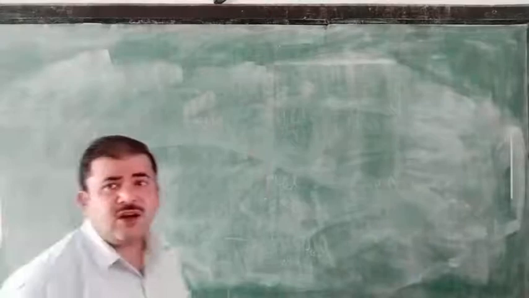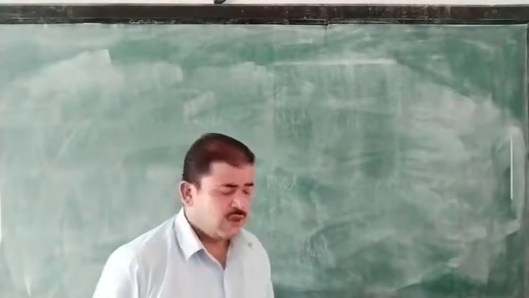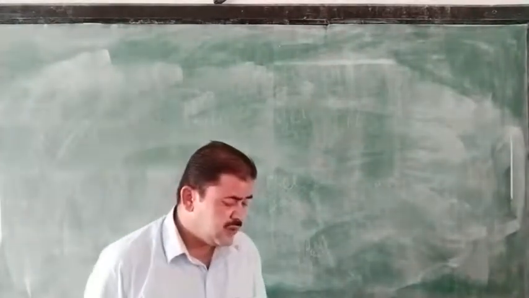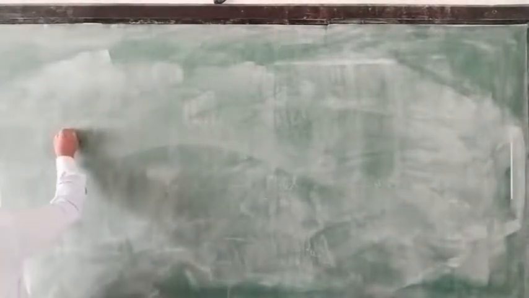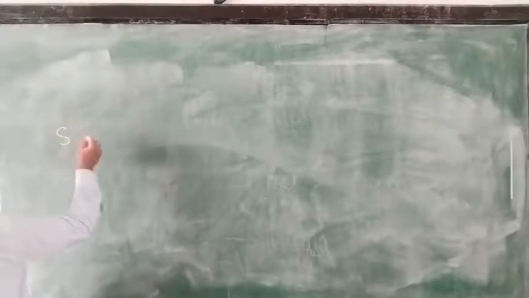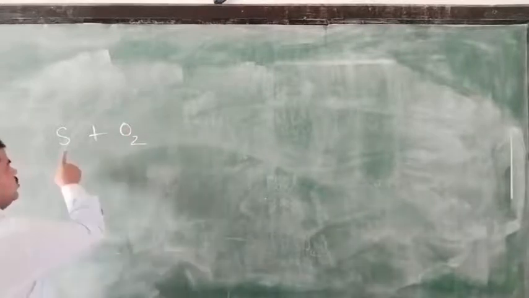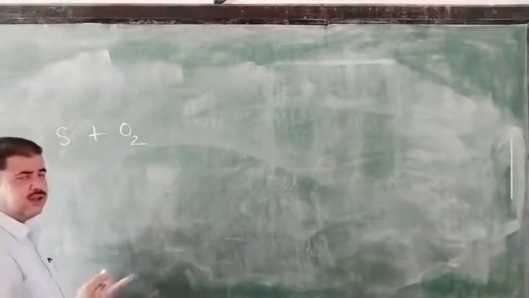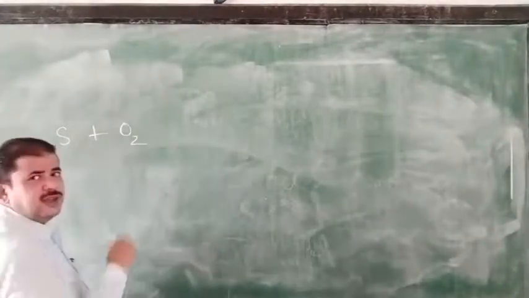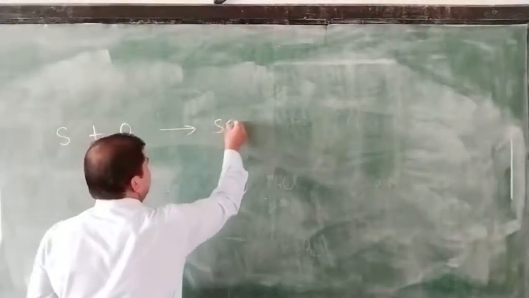Neutral gas means oxygen gas, nitrogen gas, hydrogen gas. So these are neutral gases. Yellow non-metal means we will take sulfur. Sulfur, we know, is a non-metal and its color is yellow. It reacts with oxygen, the neutral gas, and we get sulfur dioxide.